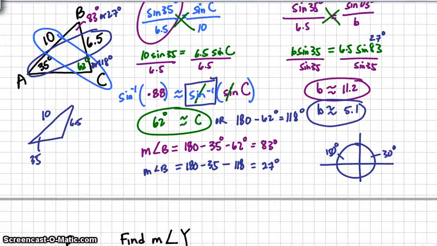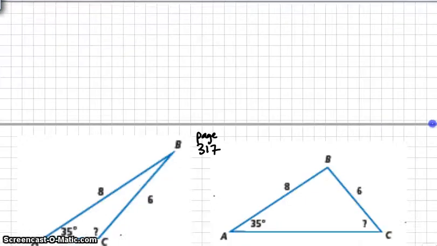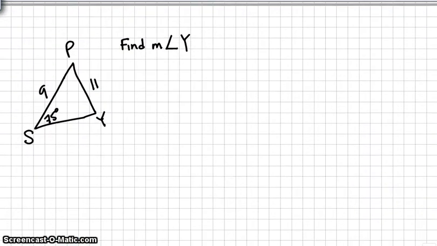So I want to show you this in one more example, this example here. If we set up a law of sine problem here, we've got the sine of 75 is across from side 11, and the sine of the y angle that we don't know is across from the 9.